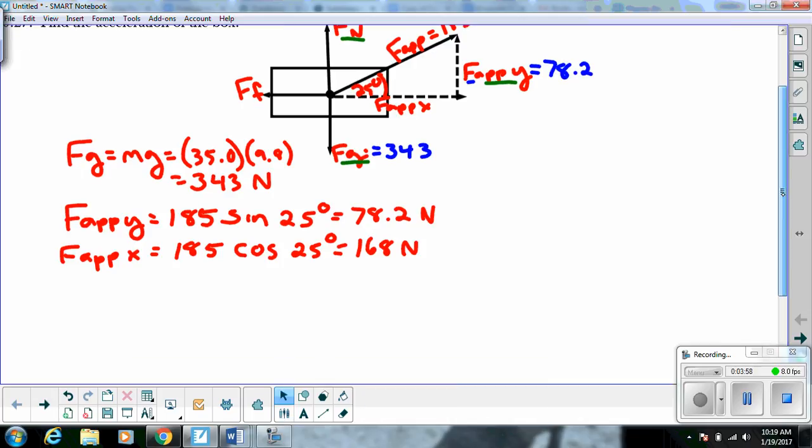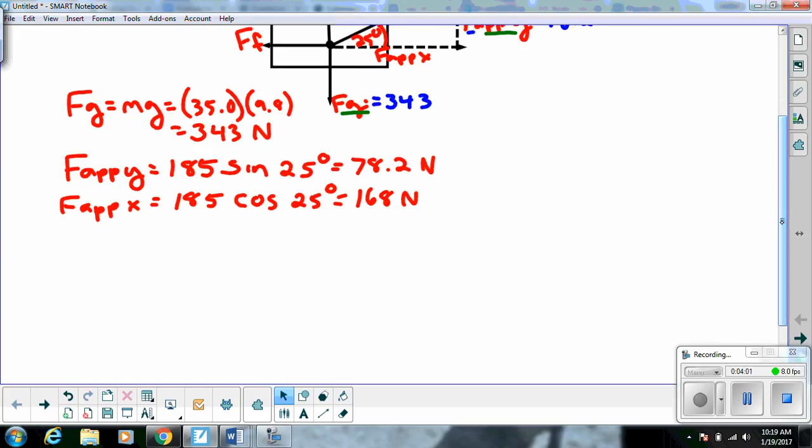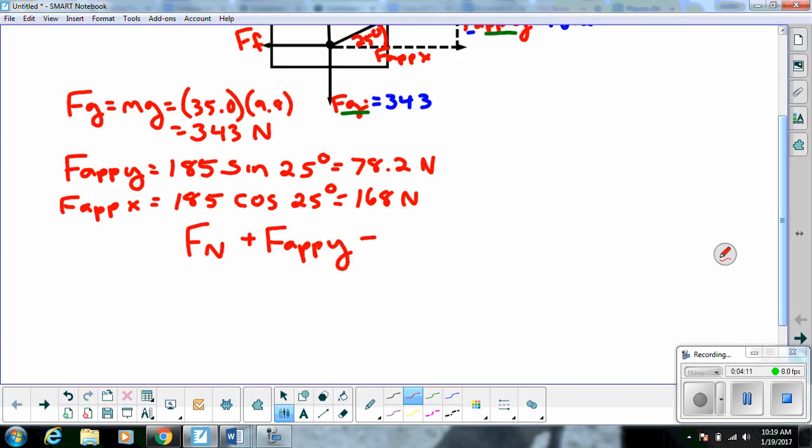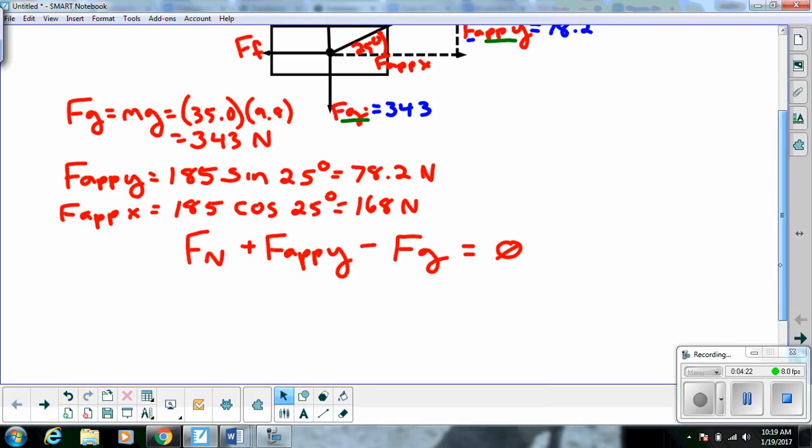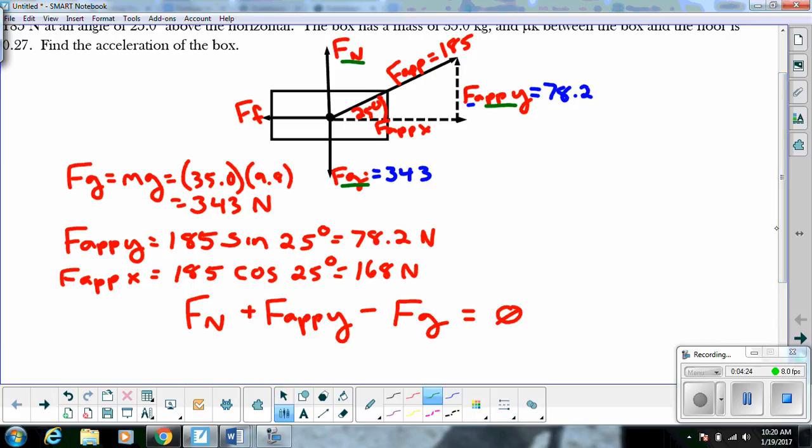So I know that the normal force plus the force applied in the y direction minus the gravitational force is all going to equal 0. I know that because if I look back at my free body diagram, these three vectors all are in the vertical direction. And I know, again, that the box is not moving up and down, so the net force vertically must be 0.